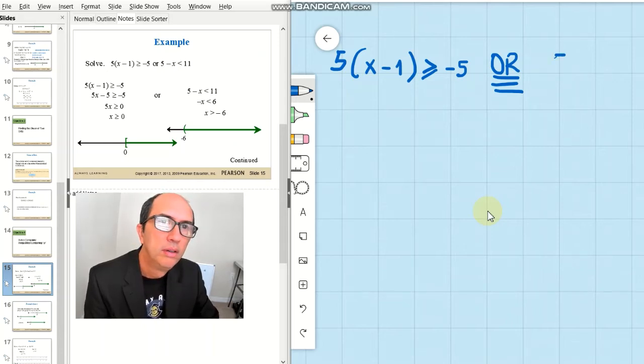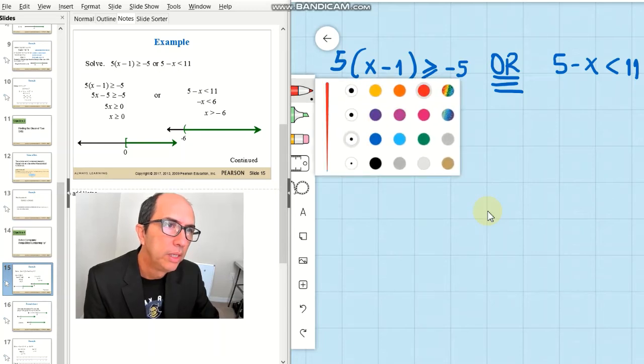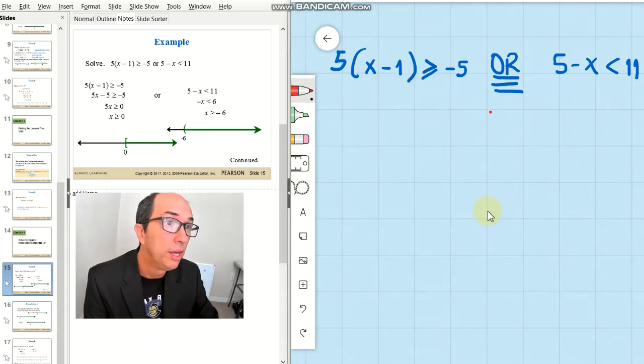Or 5 minus x is less than 11. Again, remember, when we are using the word OR, we are talking about union.